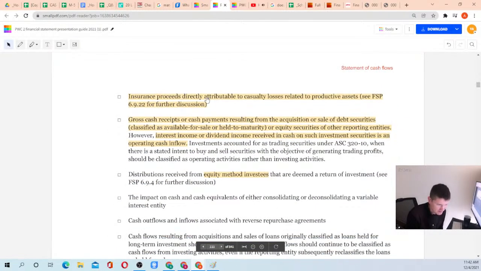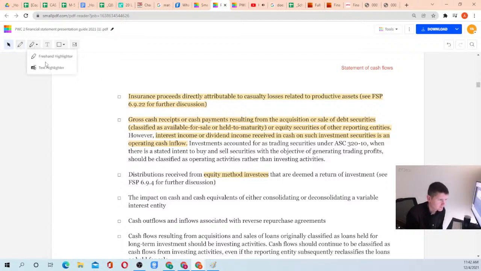Let's see if they have it here. Gross cash received or cash payments resulting from the acquisition or sale of debt securities or equity securities is usually included into the investing activities. However, interest income or dividend income received in cash on such investment securities is an operating cash flow.